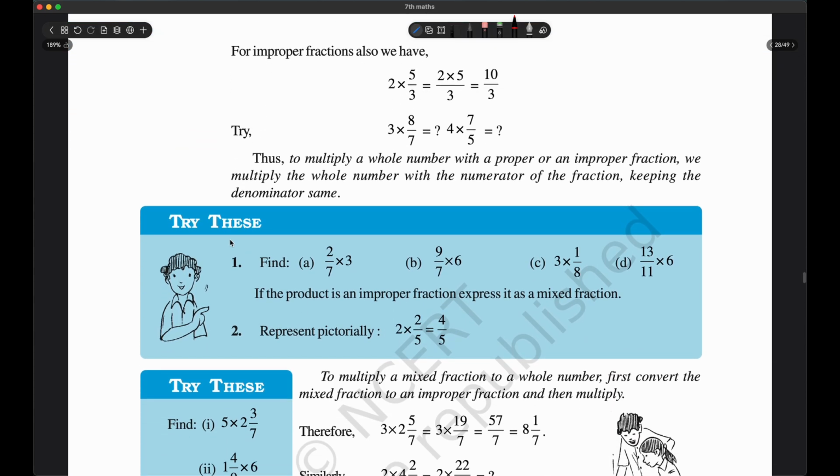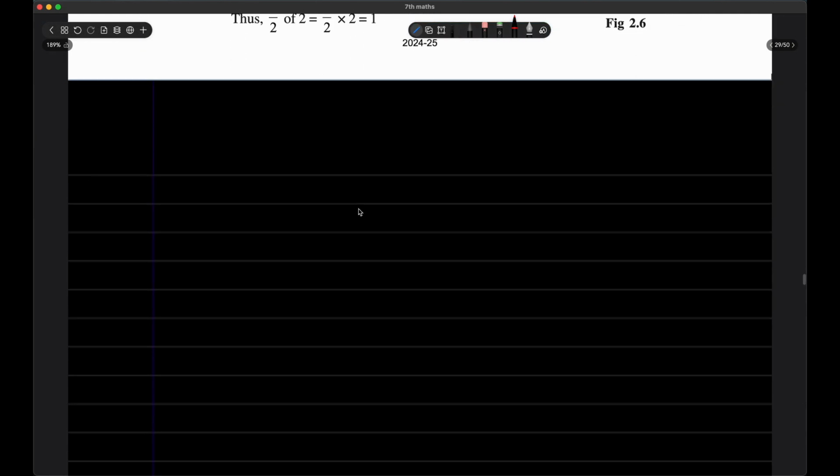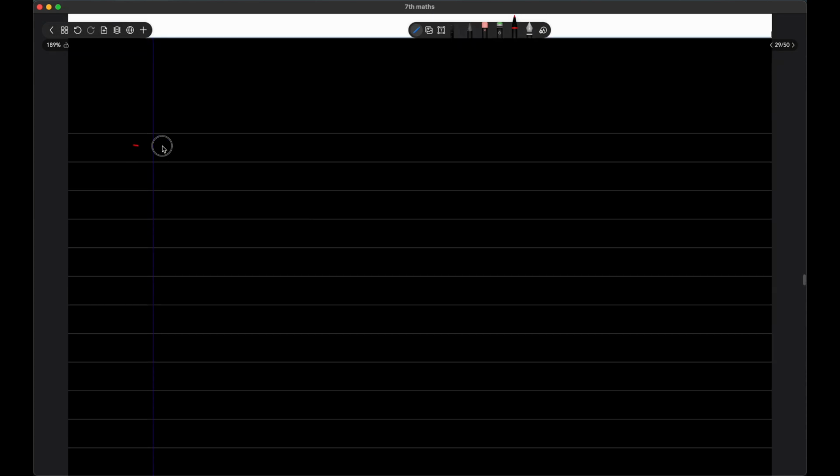Now let us solve this. Try this. Question number 1.